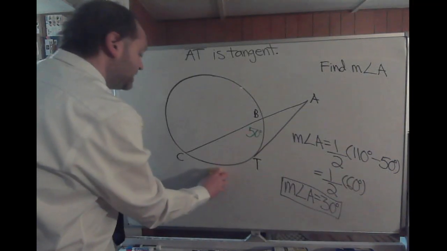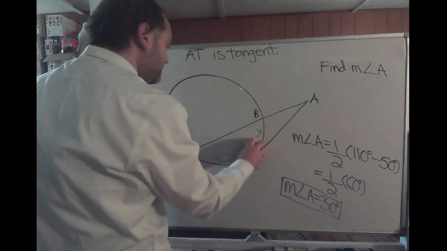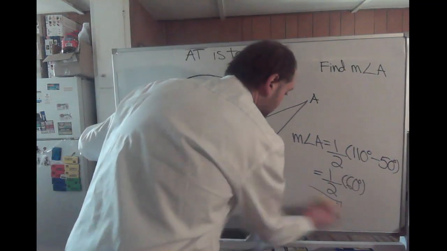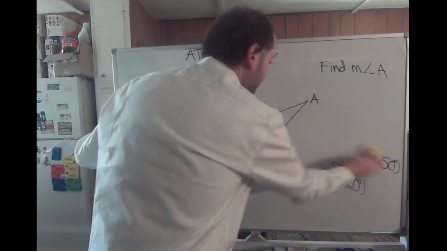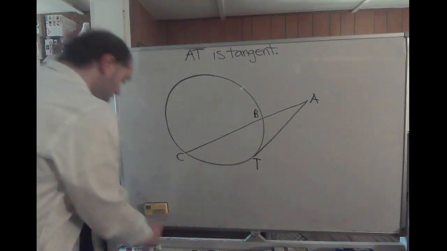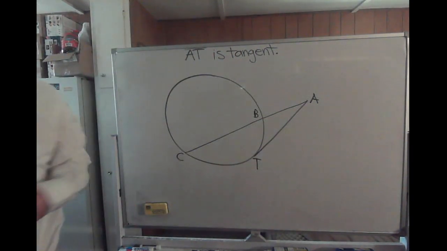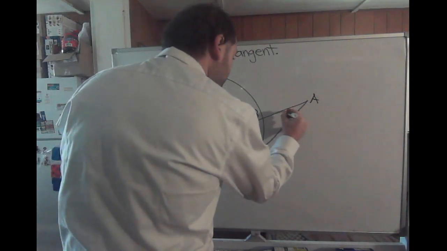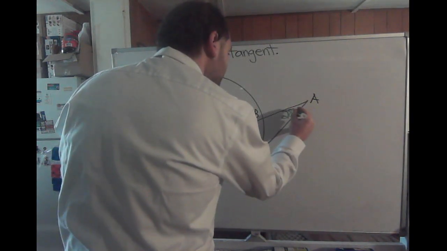Two more exercises with this one, and then we got a few more other angles, and then we're going to do a grand finale exercise for all the angles we've learned so far. So what do we got next here? Measure of angle A is equal to 28 degrees. This time this has an angle measure.